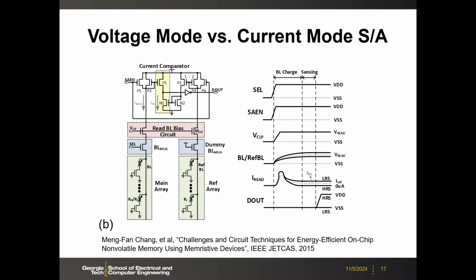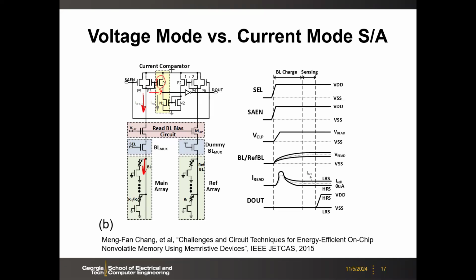So here we have the current mode, which is the difference. The current mode here, there will be a clamp voltage, and still this current will be a read current depending on the resistance, high or low. Here there will be the current mirror, and you can size this current mirror to amplify. If the current from the resistor is too small, you can use a larger transistor here to amplify the current.